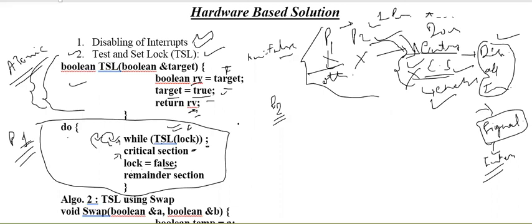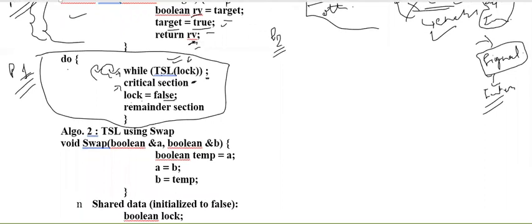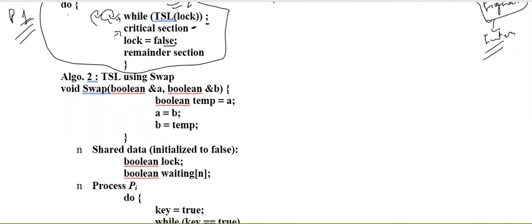Now there is one alternate implementation of TSL, that is by using the swap function. I hope everybody is aware of the swap function, where the values of two variables get swapped by using a third temporary variable. We have all written such code at the start of our coding, like this one, where we have two variables.